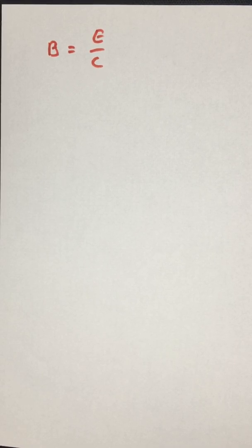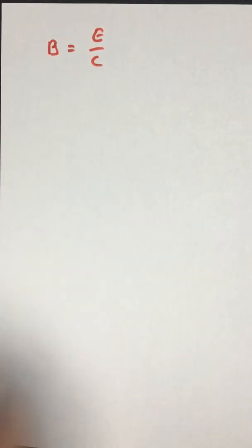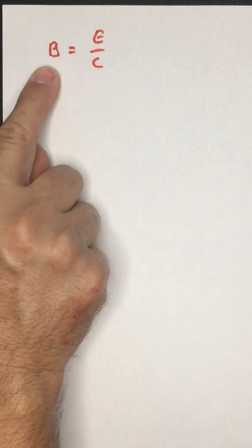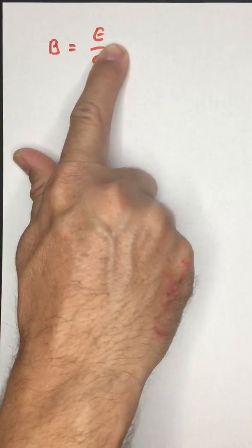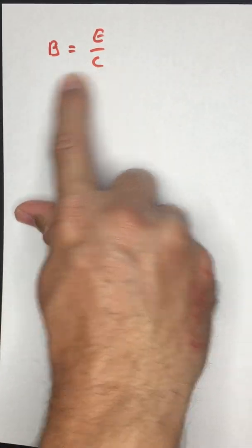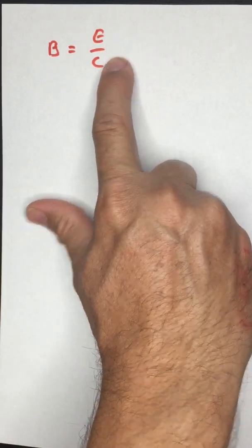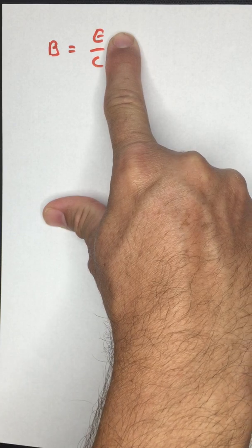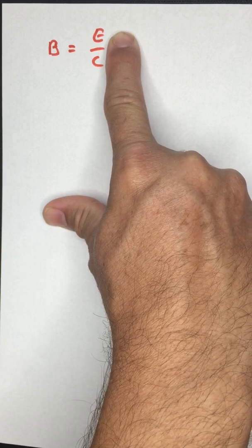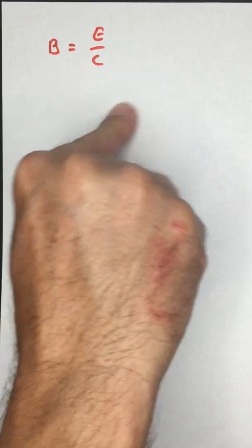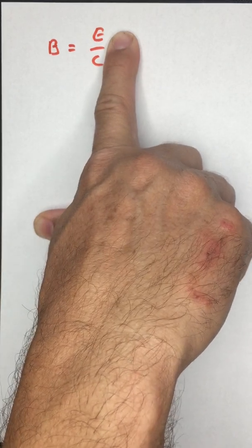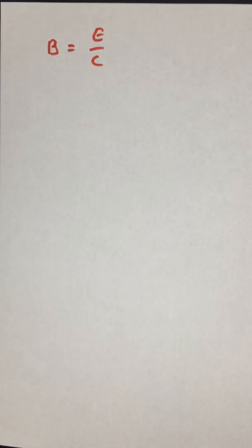So notice this works really well when B is at a max. It's equal to E max over C. When B is equal to 0, the only way this can equal 0 is for E to also equal 0, which tells you that they're in phase. For when B is a minimum, E is also a minimum. So this equation is useful.